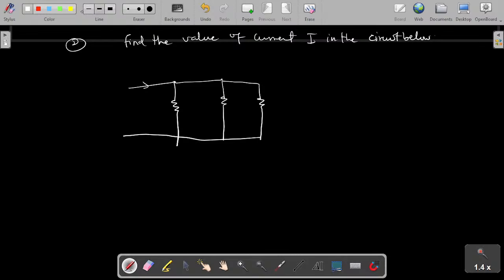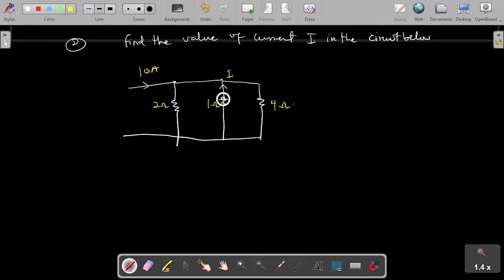I have 10 amps entering here. I have my 2 ohm resistor here. I have a 1 ohm resistor here. Then I have a 4 ohm resistor here. Okay, so this is the current I which is leaving, and that is what you've been asked to find.